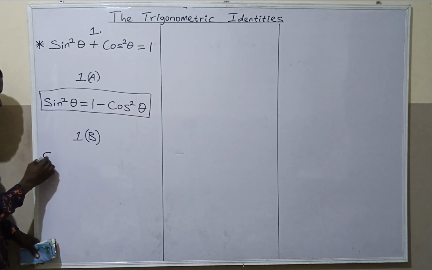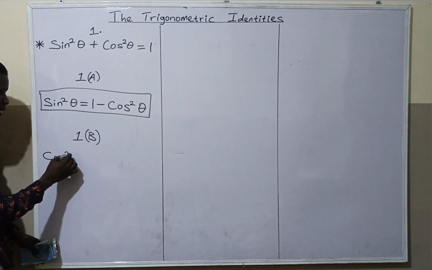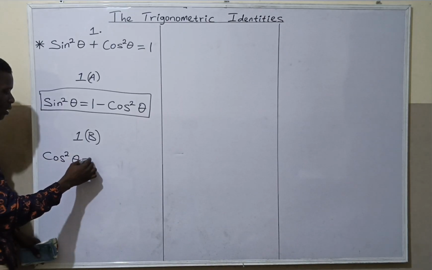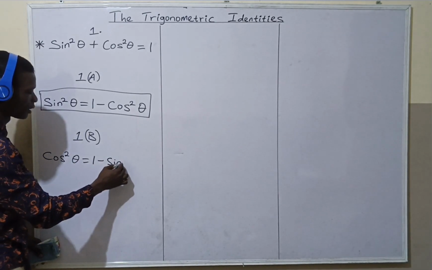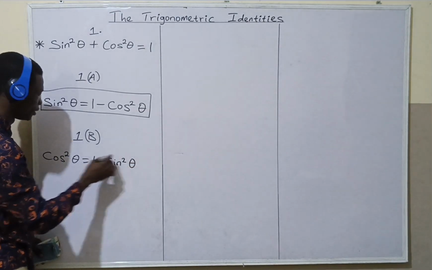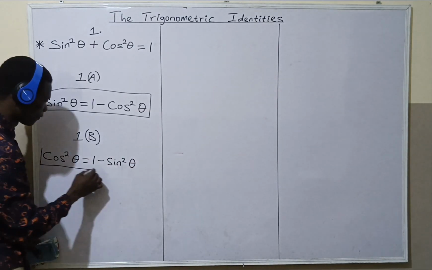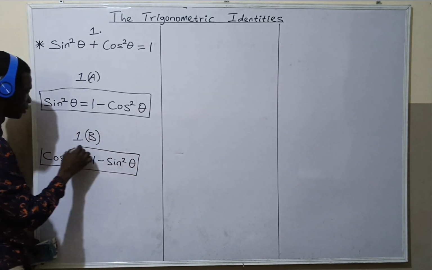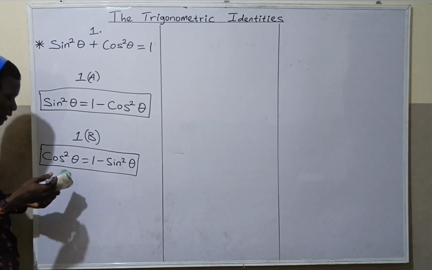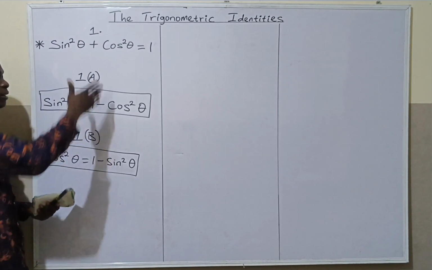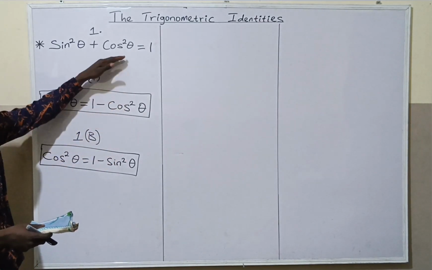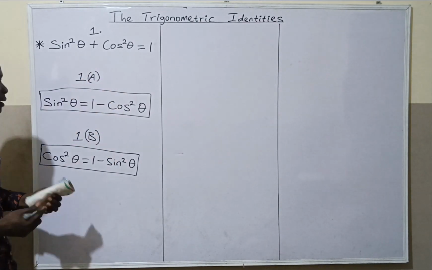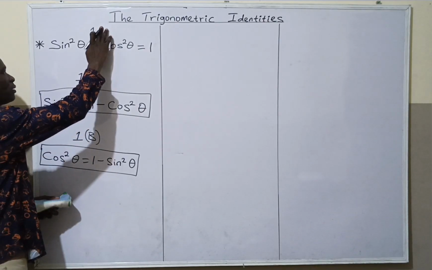So we'll be left with cos² theta equals 1 minus sin² theta. Of course, this is the number 1b identity. So we're already having 3 identities, and the remaining 2 are coming from the number 1 identity. Let me circle it.